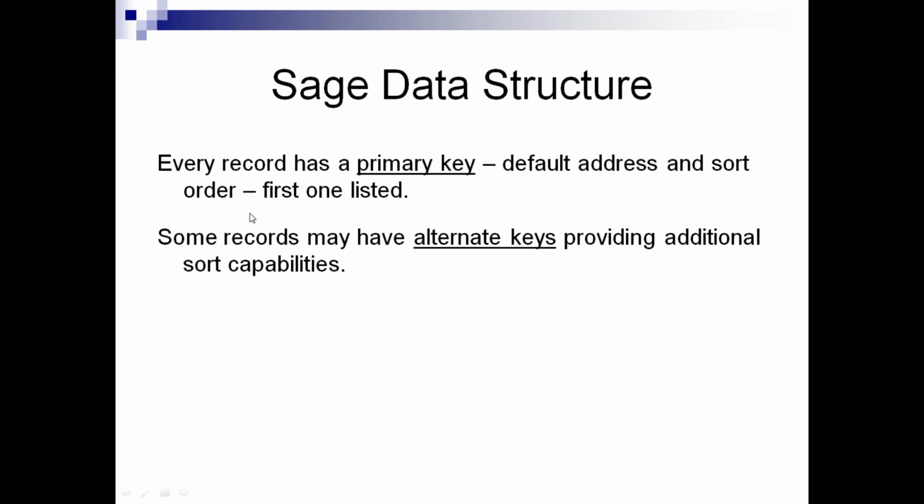Okay, and that's what this screenshot is also, again, saying, that each record has a primary key. Again, it's going to be standard order number 1. And then if it has any alternate keys, those will be listed under that first primary key.